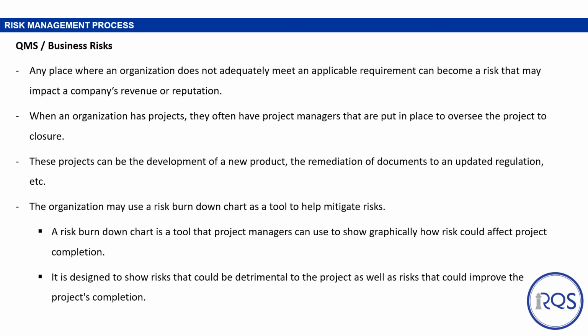These projects can be from the development of new product, remediation of documents to an updated regulation, etc. And so the organization or that project manager may use a risk burn down chart as a tool to help mitigate risks. A risk burn down chart is a tool that project managers can use to show graphically how risk could affect the project completion, and it is designed to show risks that could be detrimental to that project, as well as risks that could improve the project's completion.